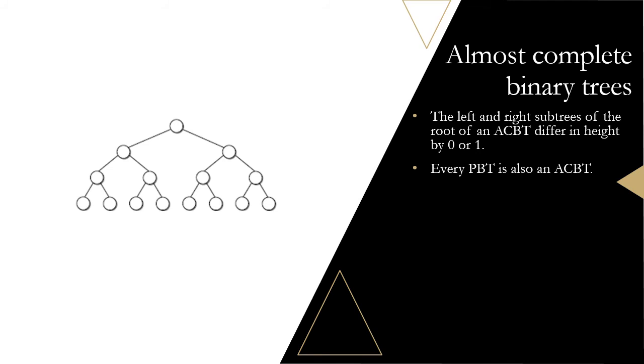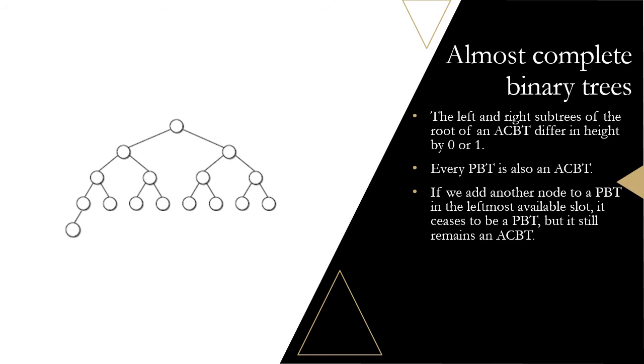There are 3 levels in the left subtree. The height is 3. Now look at the right subtree of the root. What is the height of the right subtree? There are 3 levels in the right subtree. So the height of the right subtree is 3. Now if you take the difference of heights of both subtrees, 3 minus 3, the answer is 0. So this is a perfect binary tree, and this is also an almost complete binary tree.